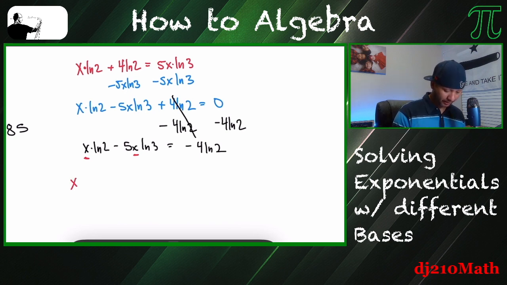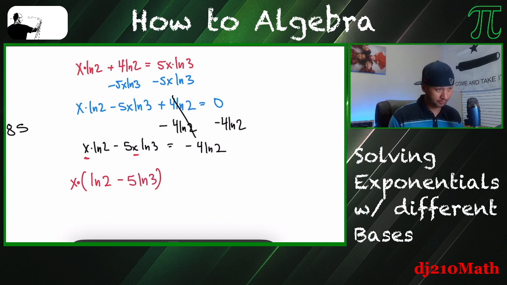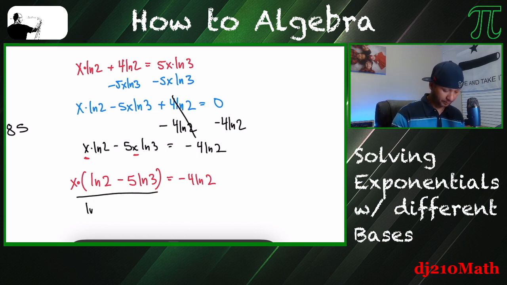So if I factor out an x, the thing left behind is ln 2 minus 5 ln 3. Right? The x has been successfully factored out. And now to get x by itself, we have to divide both sides by ln 2 minus 5 ln 3.